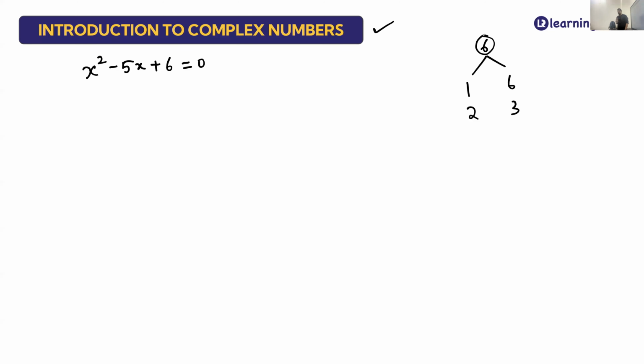So minus 1, minus 6 is not matching. Minus 2, minus 3 is going to match. This is what you do with factorization. But I'm not concerned about this. Is there a way we can say whether factors are going to exist for the given quadratic equation or not?